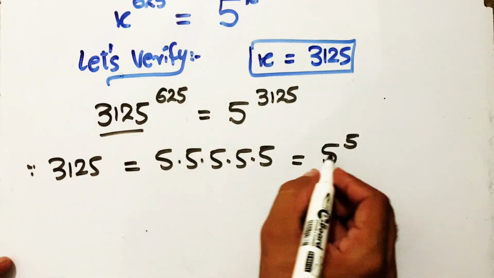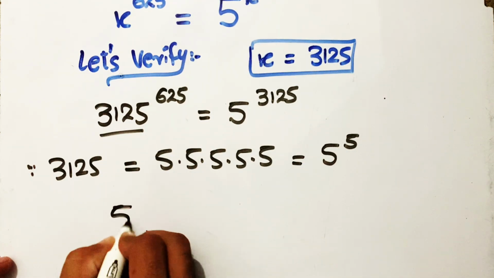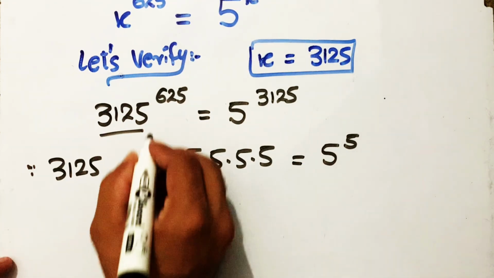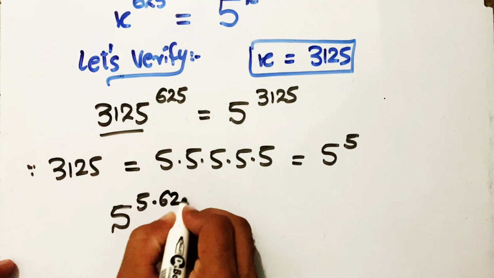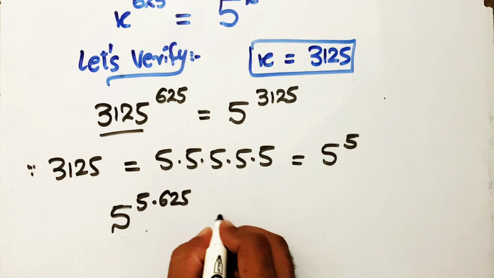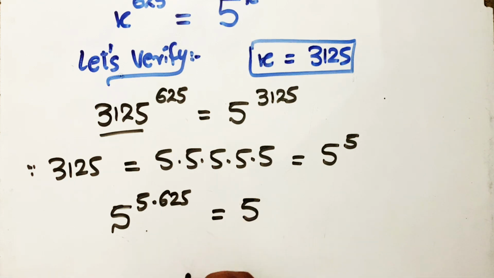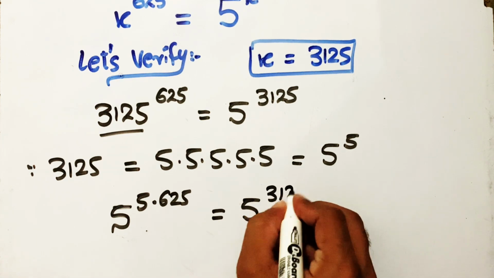I will replace this term with 5 to the power of 5, and the powers will also be multiplied by 625, which equals 5 to the power of 3125.